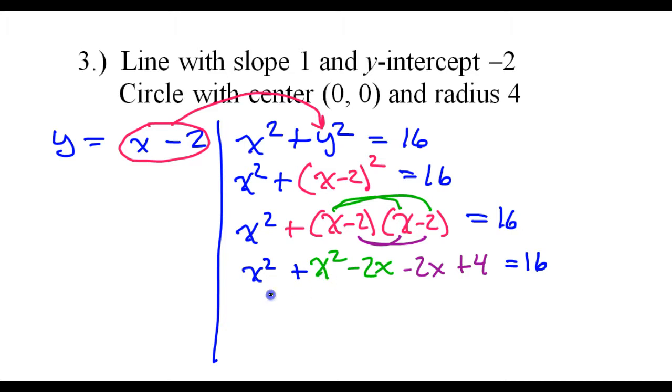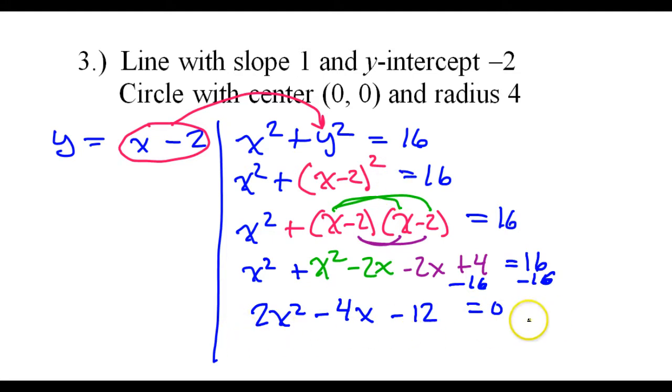So combining like terms now, x squared plus x squared, that's 2x squared. Negative 2x and negative 2x is negative 4x. And might as well subtract this 16 from both sides. Okay, so that's going to give me minus 12 equals 0.